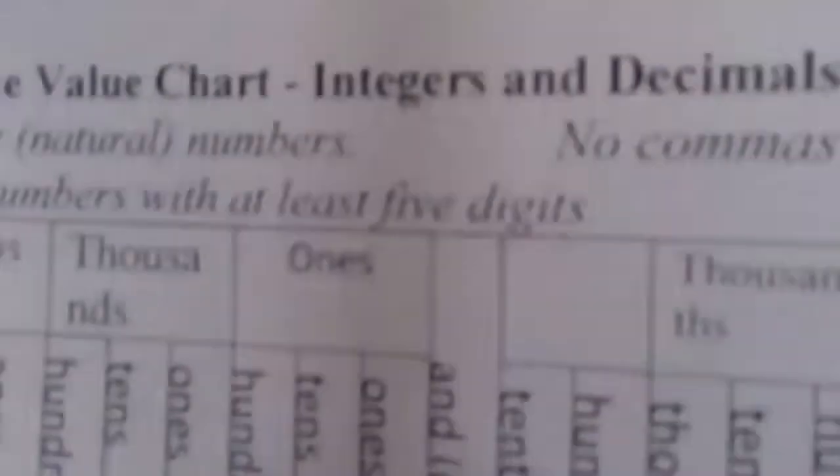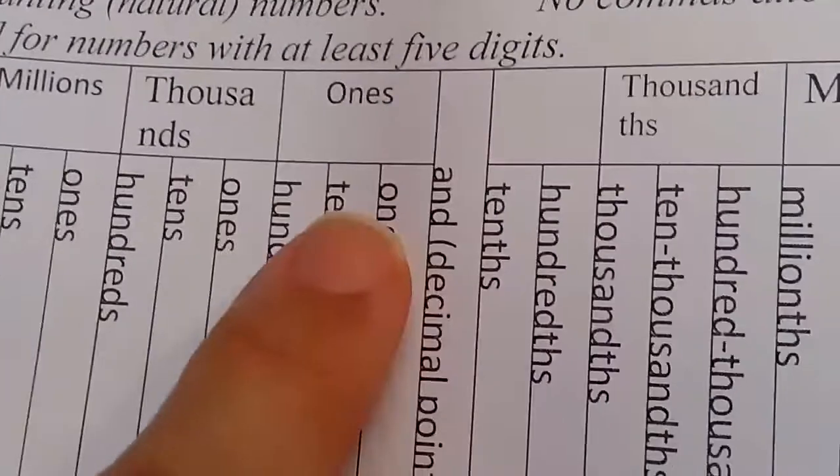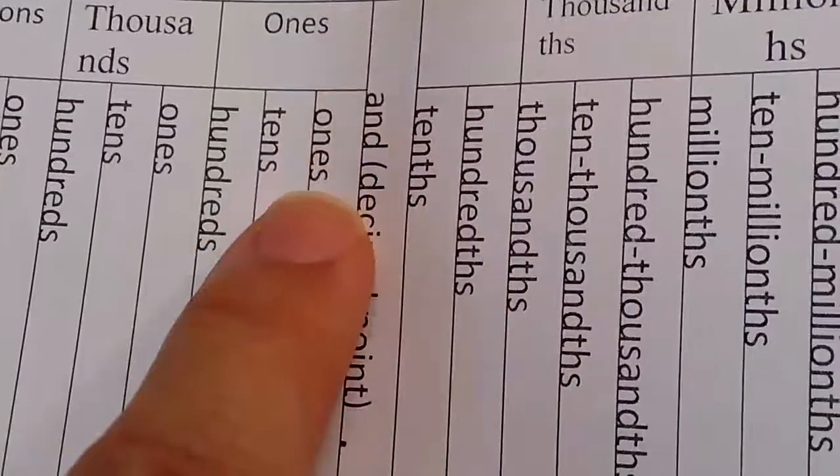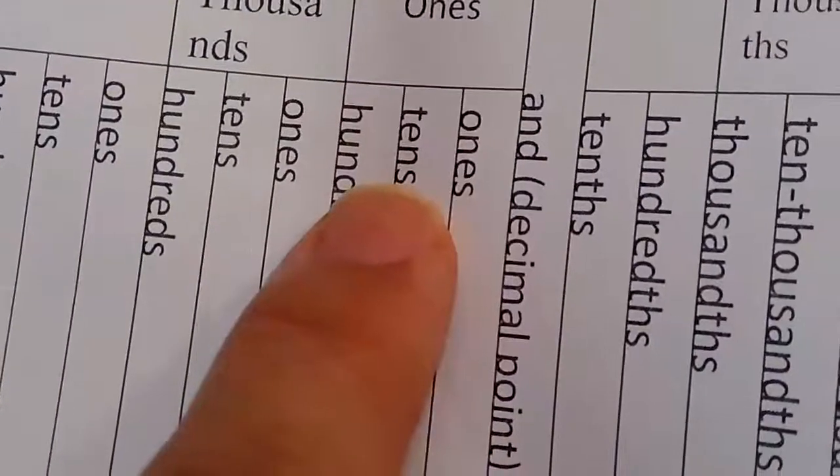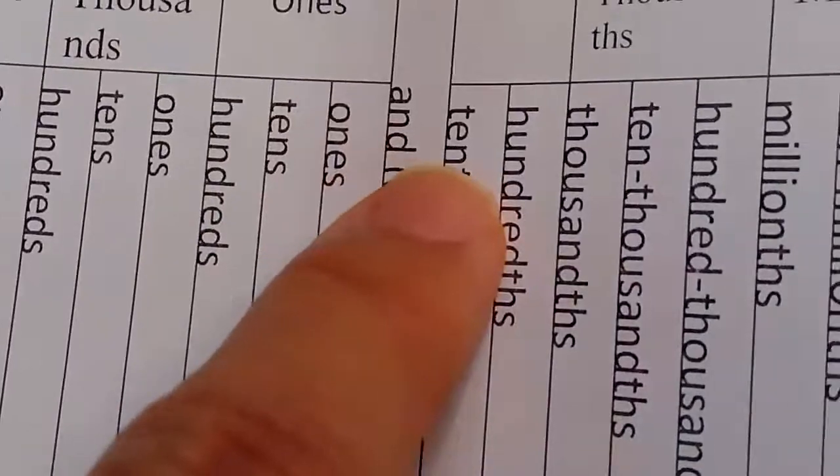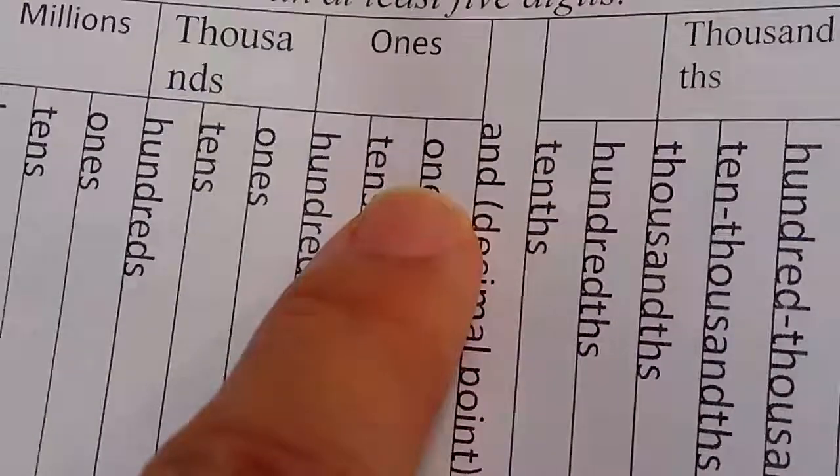So remember on your rounding chart, see here's your ones. See, decimals will start there. So that's ones, tens. This way, after decimals, tenths, hundredths.